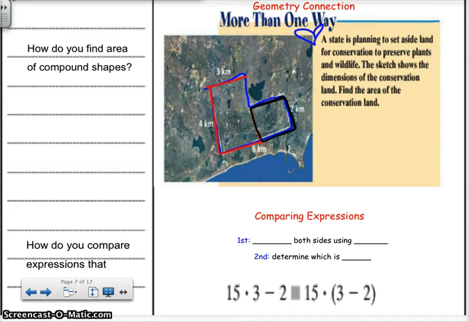Perhaps it's a square. I don't know yet. Do you see the two shapes? After I find the area of shape 1 and the area of shape 2, what should I do with the two areas? Add them. This area plus this area is going to equal my total area.